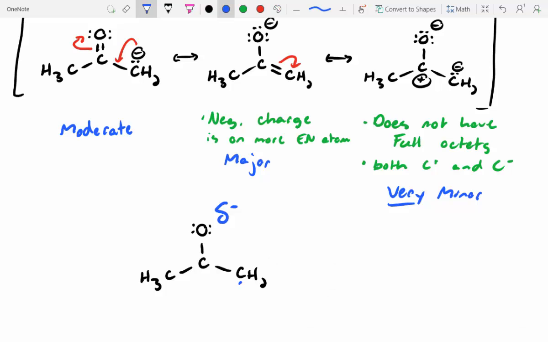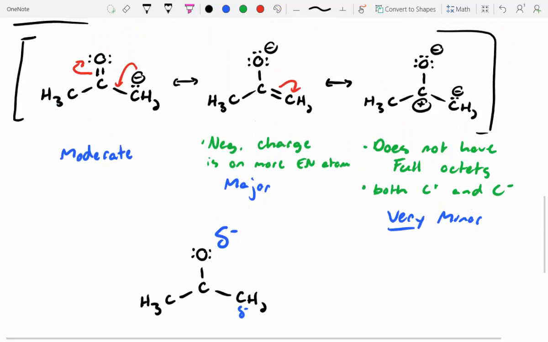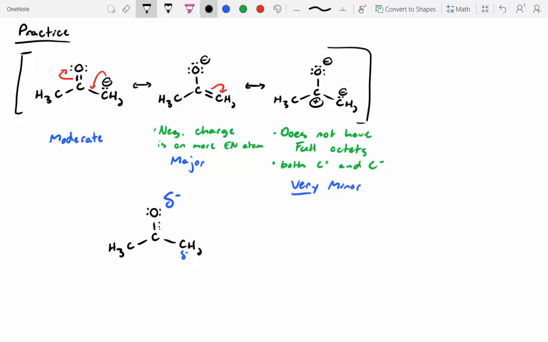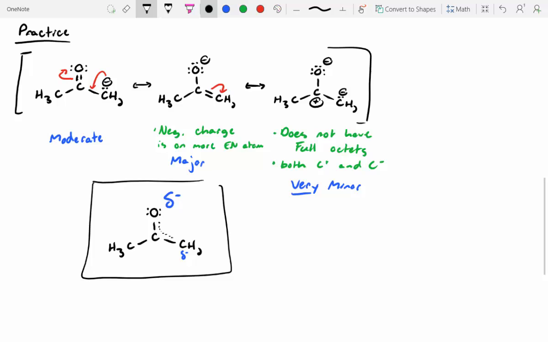This carbon down here will have a little bit of negative charge, so I'll try to draw that smaller. And we'll have some delocalization that occurs across both of those bonds. So this would be a good hybrid view, which shows that there's more delocalization on the top one.